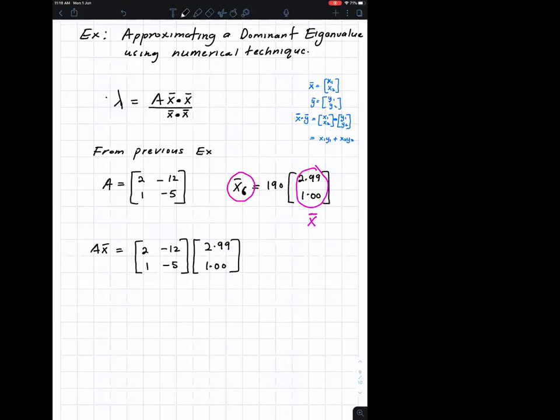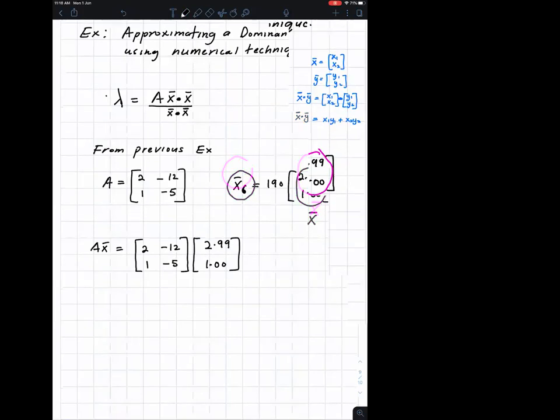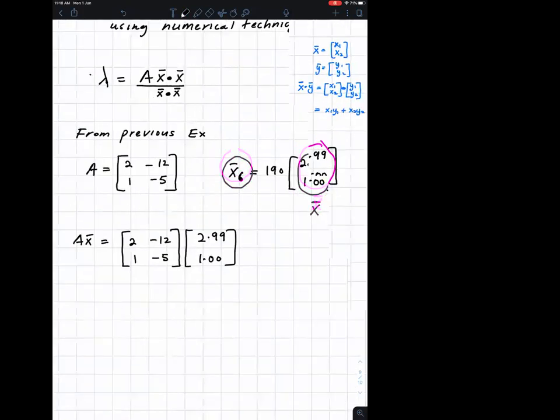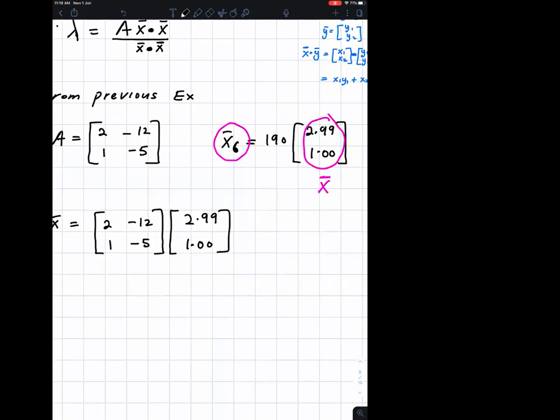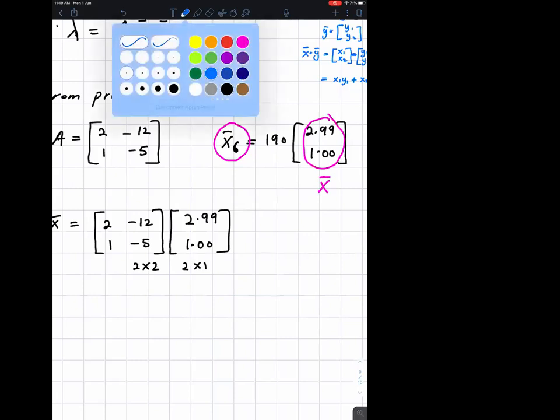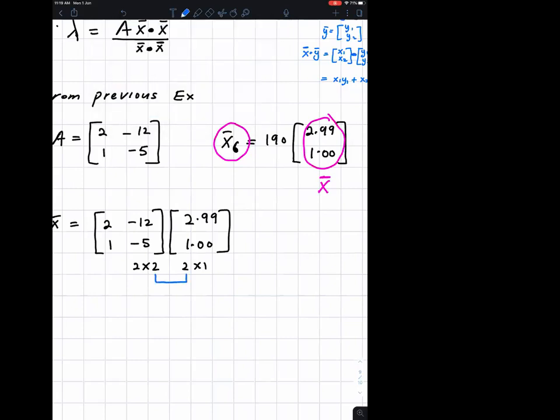Any question? No question? Good. If you can multiply a matrix, this is how you usually check. If you have a 2 by 2 matrix on the left side, on the right side you get a 2 by 1 matrix. You have to check if these two are compatible. If these two are the same number, then you can do the matrix operation.